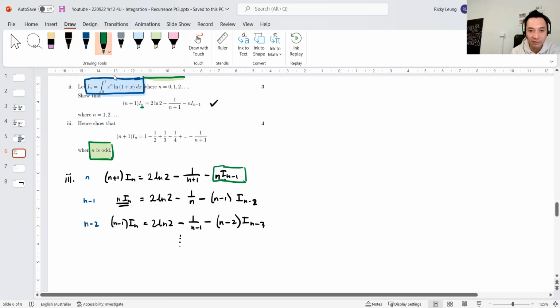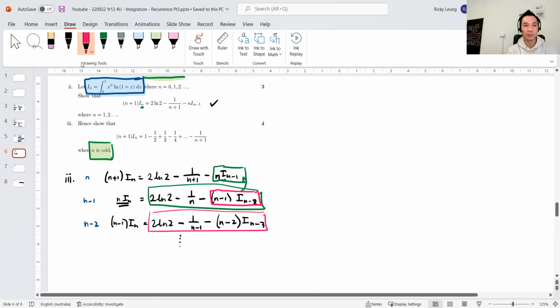So if this green box here is equivalent to that, I'm going to sub this guy into here. And just to be clear, the whole thing is that. Let's sub it in, see where it takes us. Therefore, n plus 1 times I_n equals 2.